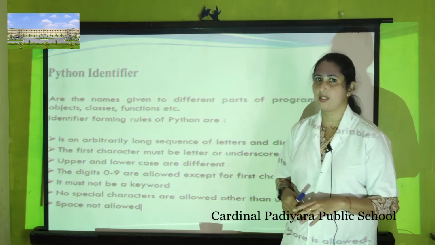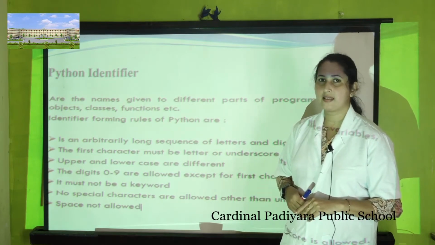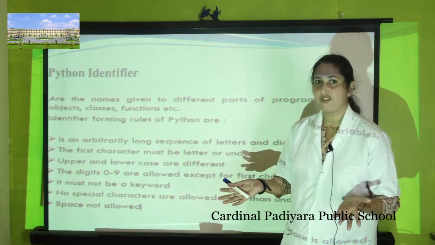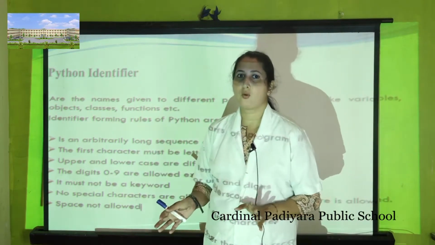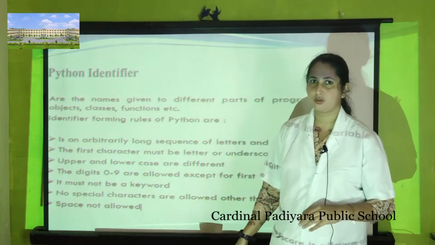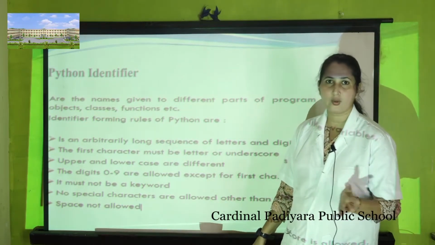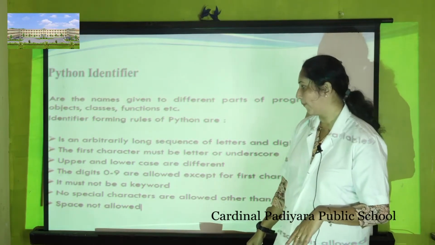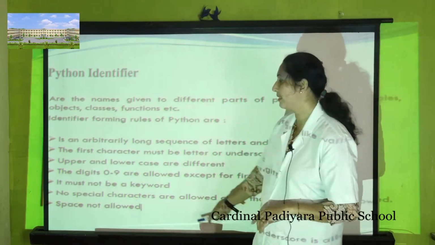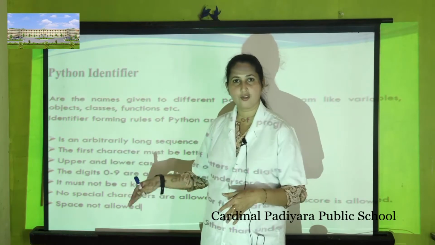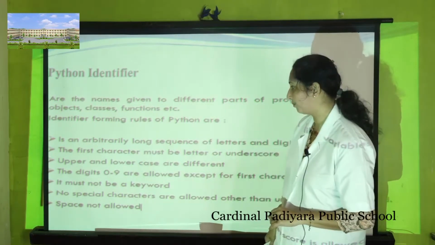For example, A1 is an identifier, a variable A1. But starting with 1 is not possible in the case of an identifier. Starting with an alphabet or underscore is okay, but a digit is not taken as the first character. Digits from 0 to 9, we can take.